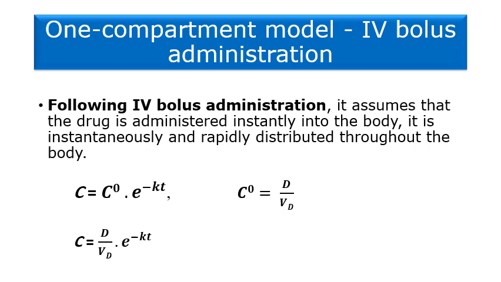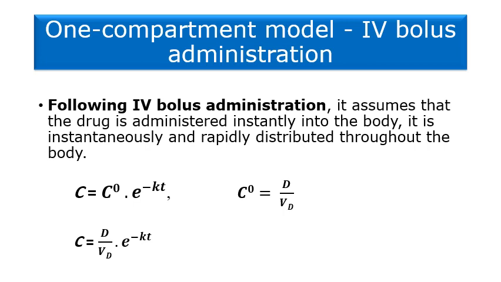By the way, some of the drugs should not be administered as an IV bolus in a very short time. And sometimes they need around 5 to 30 minutes to be injected into the body by IV bolus.